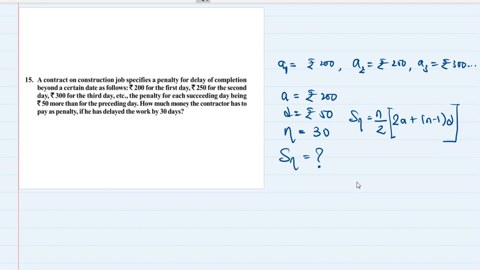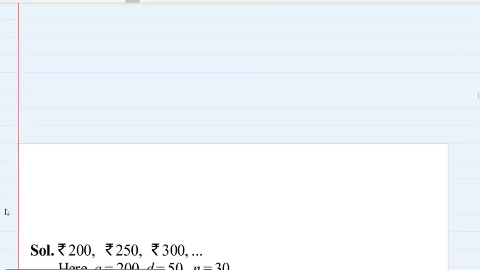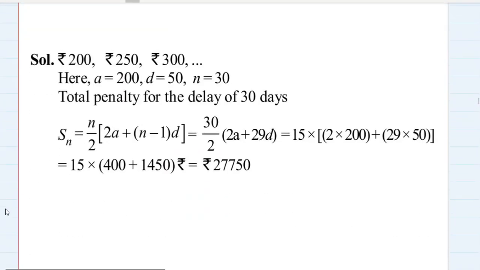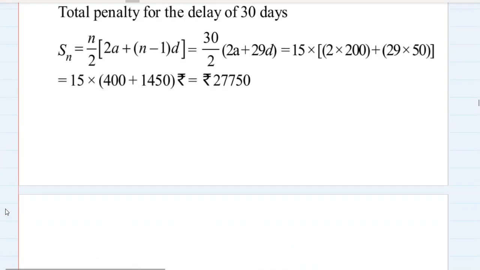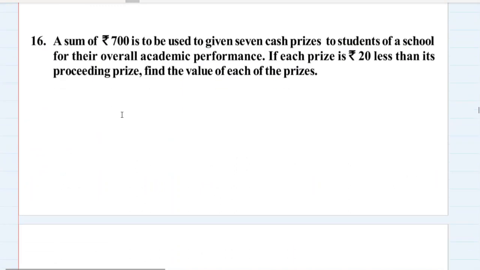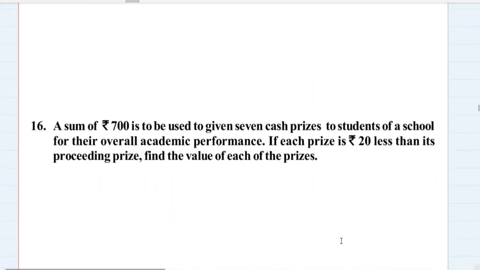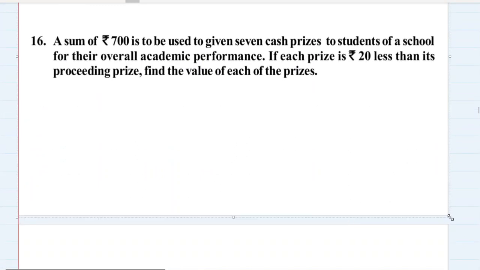Okay, let's check the answer. So the answer now should be 27,750. This should be the penalty. Okay, so that was based on the sum of n terms of an AP.